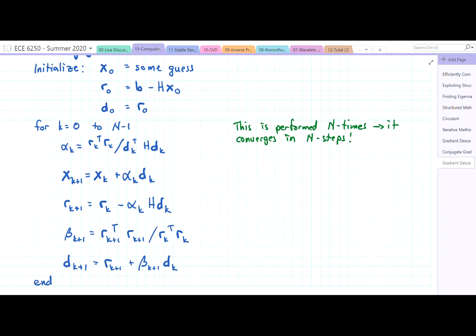However, we've got this application of H, and so each iteration through this loop has O(n squared) complexity.